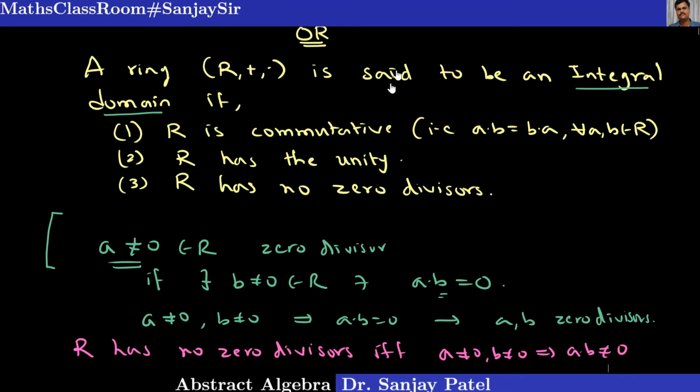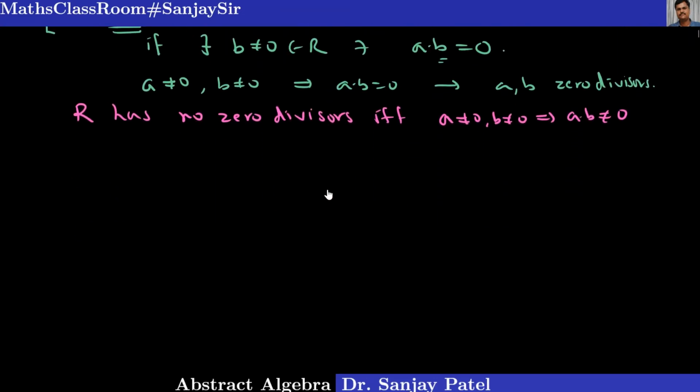This must be true for all A and B belongs to R. And this can be proved equivalently as: if AB = 0, then we must have either A = 0 or B = 0, because here this comma means and. So if A ≠ 0 and B ≠ 0 implies AB ≠ 0 for all A and B belongs to R, then the ring R has no zero divisors.